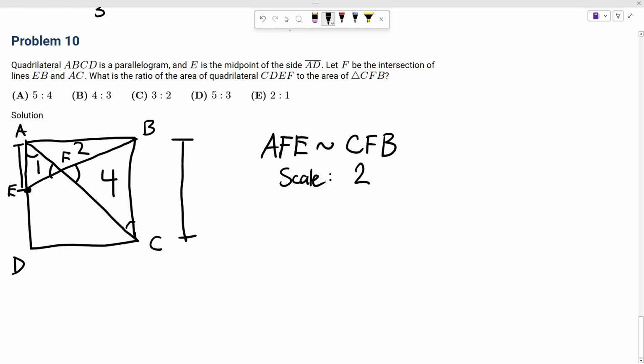Remember, because the scale factor from AFE to CFB is 2. So when we double the side lengths, we quadruple the area. And now we know that triangle ABC and triangle ADC have the same area since they're both half of the square. So that means that this quadrilateral here must have area 5, because these two add up to 6 and these two have to add up to 6. So now we can see that the ratio is just 5 to 4.